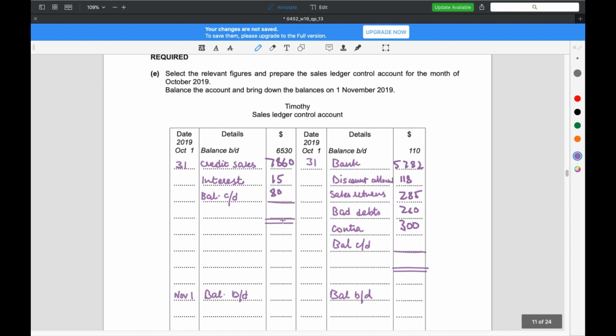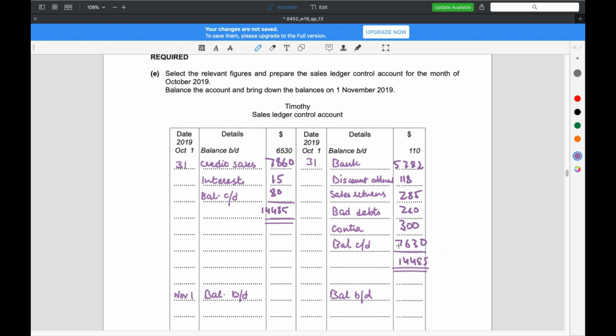So now what you can do is find out this carry down. This side is going to total up to $14,485. And when you total this value to find the balancing figure, which is the carry down, it is also going to be 14,485, and this gives you a carry down of 76.30.